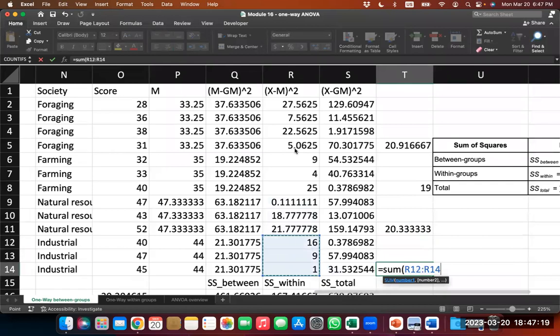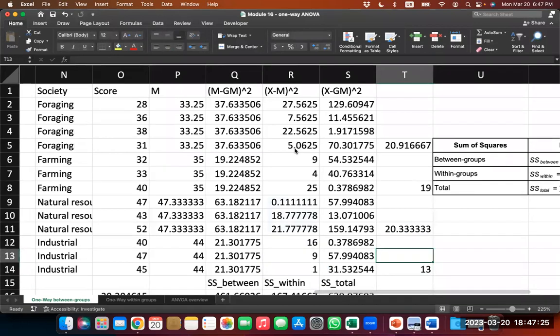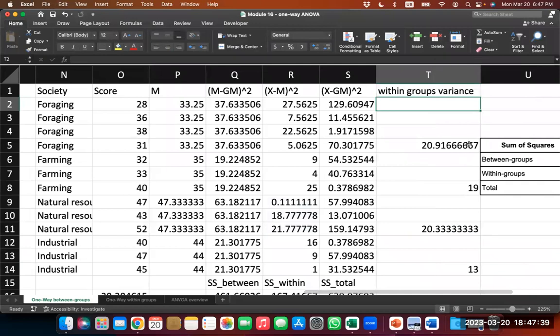Divided by 3 minus 1, which is 2, that's 13. So why are we doing that? Because this is the within-groups variance. That's basically the variation within these groups.